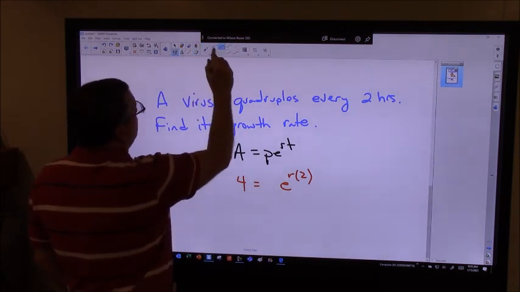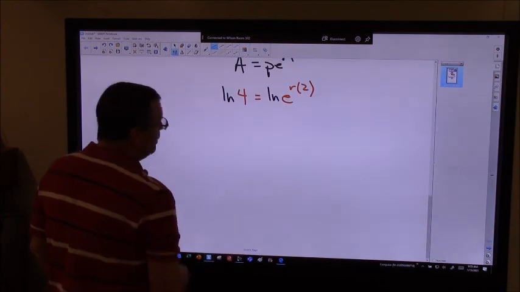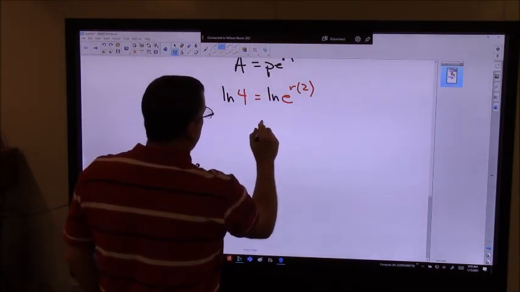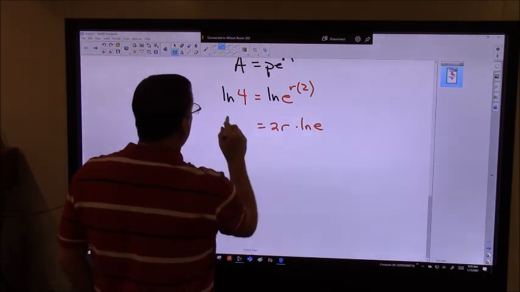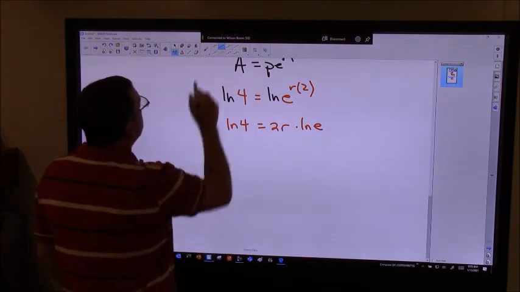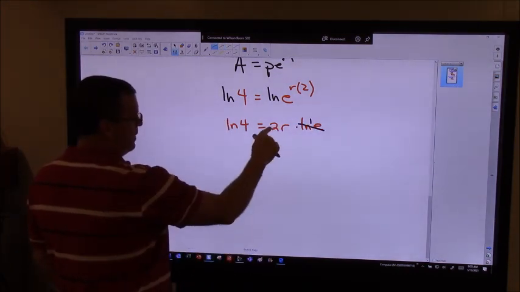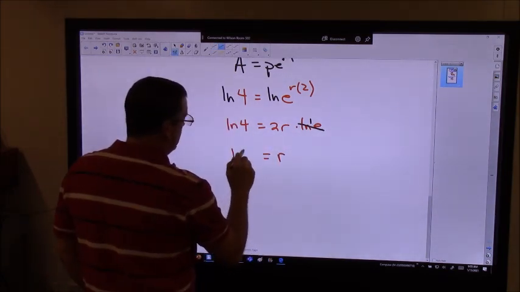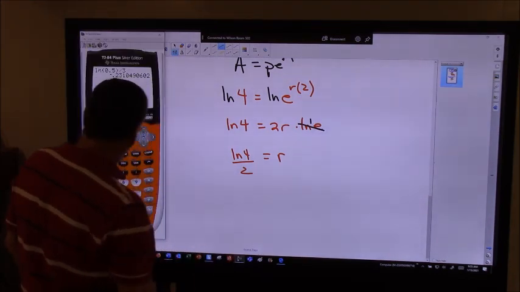What I need to do now is take the natural log of both sides. And so what I get, if I bring my exponent down in front, I get 2r times natural log of e equals natural log of 4. We know that's going to equal 1. So to get r by itself, I just need to divide by 2. So r equals natural log of 4 divided by 2. So I go back to my calculator.